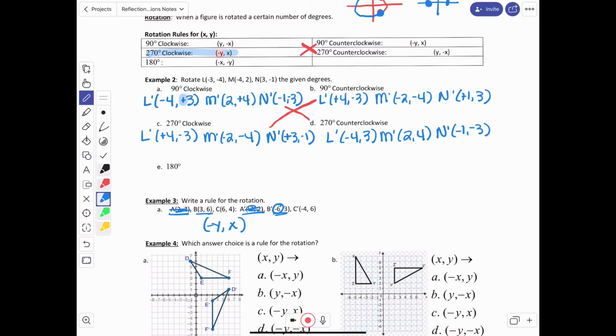So this one could be one of 2 answers. It was either a 270 clockwise rotation, or it was a 90 degrees counterclockwise rotation. So it was one of those.